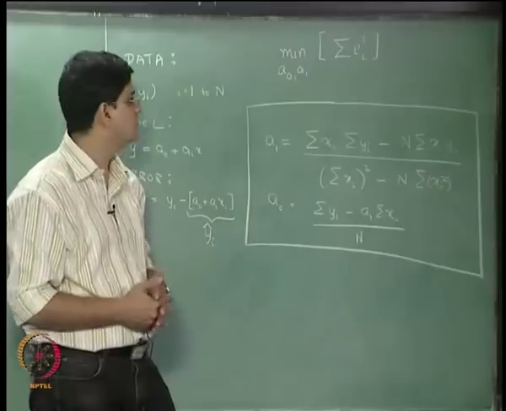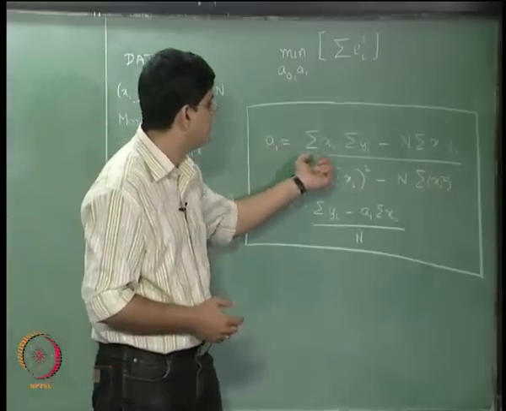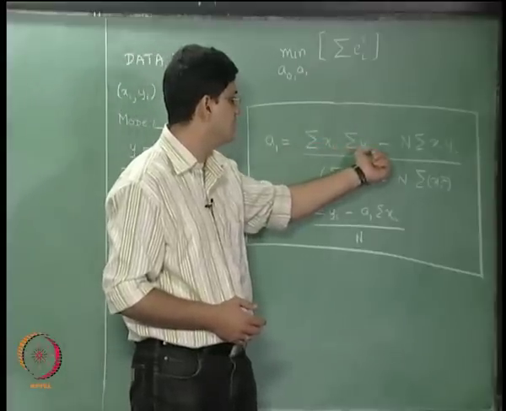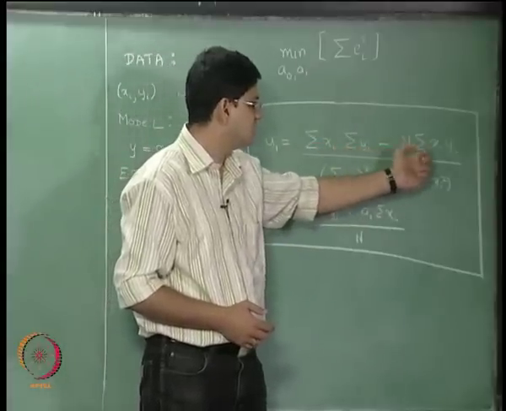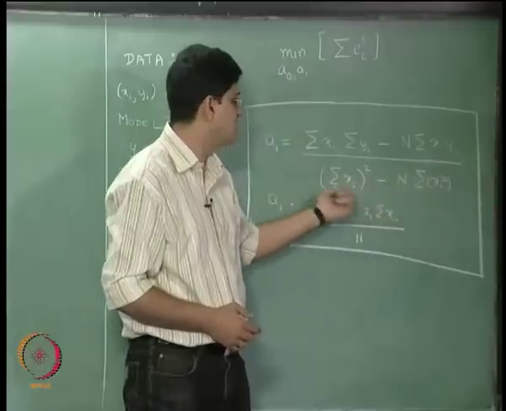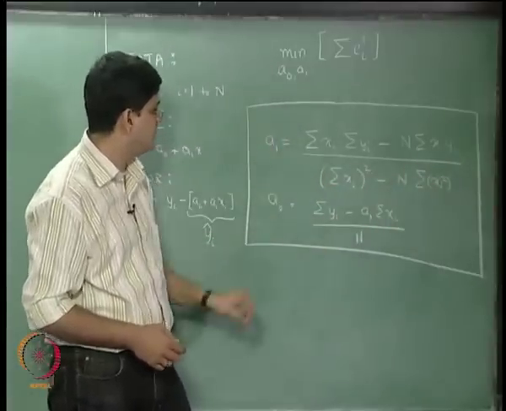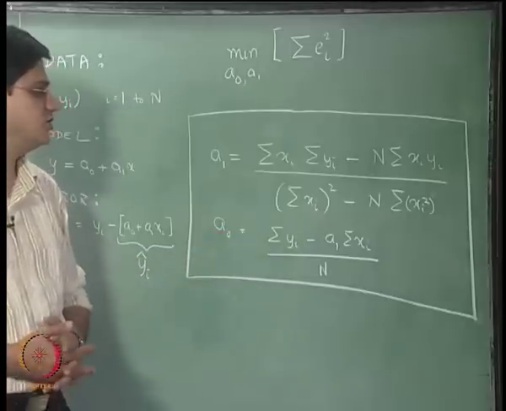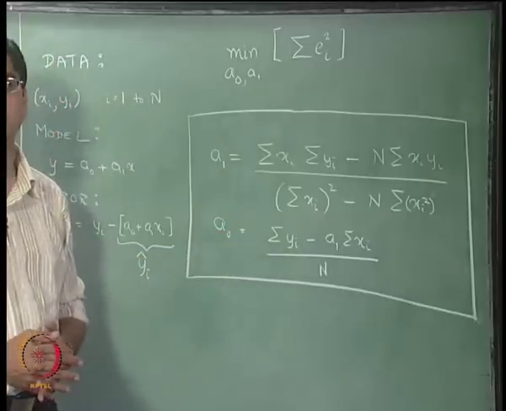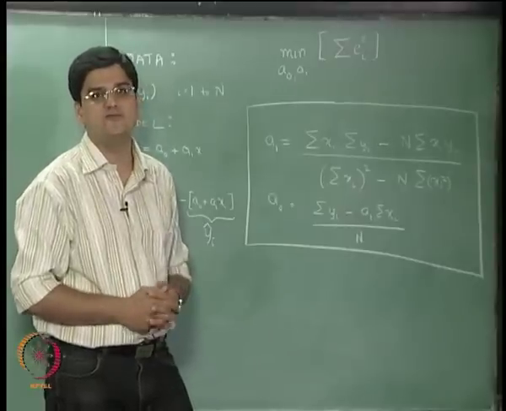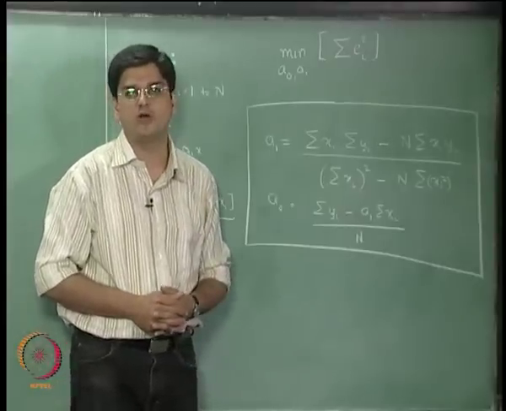We solved them and got the value of a1: summation xi multiplied by summation yi minus n times summation of xi yi, divided by this term minus this term. That was the value of a1, and this is the value of a0 that we obtained. So this is pretty much what we did in the first lecture of module 5.